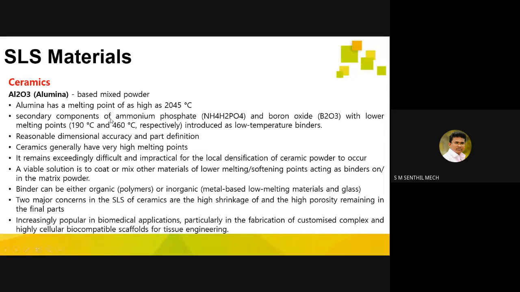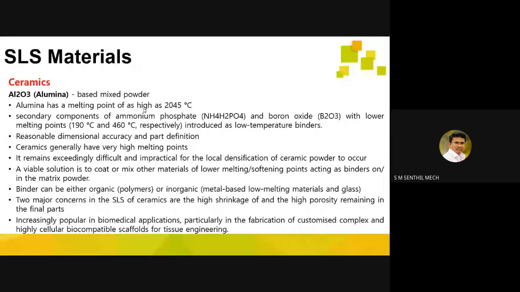When you increase the temperature to about 400 degrees Celsius, when you are using boron oxide as a binder material, this binder material will melt and it will be responsible for the bonding of the aluminum oxide powders. So this is the way we will be using the ceramics.